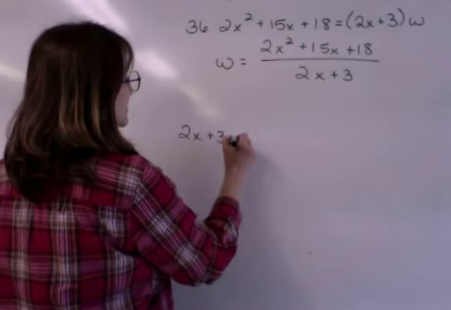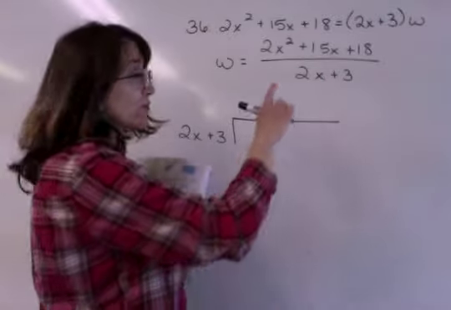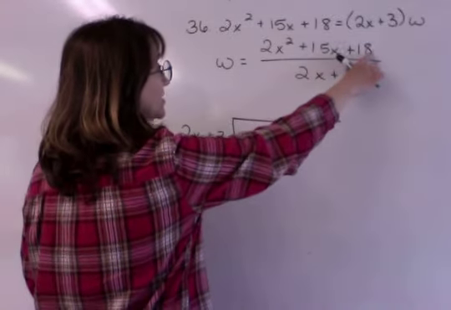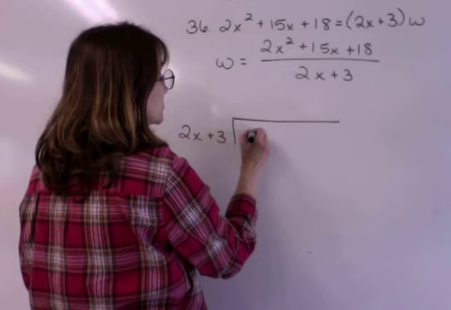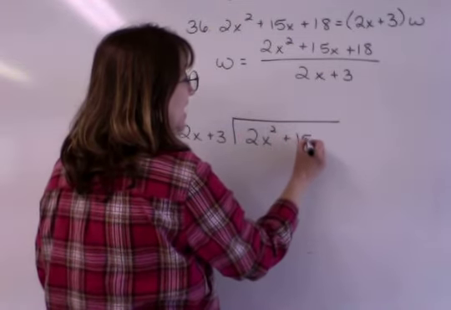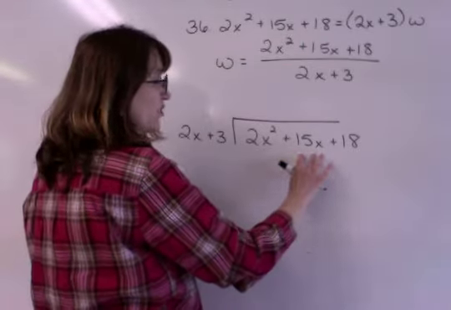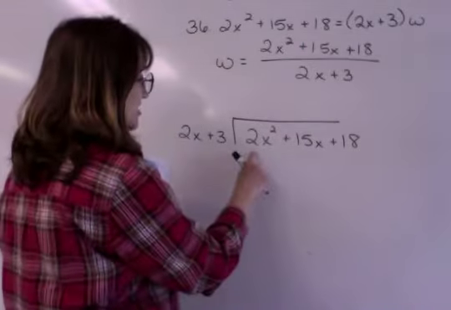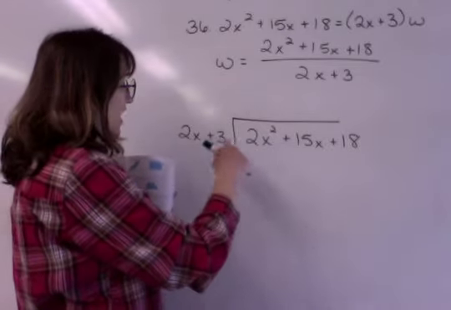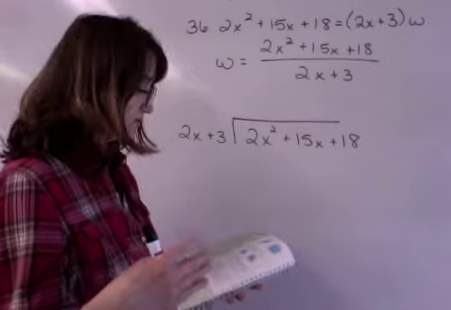As we write this down, let's see if my variables are going down in order by degree. Fortunately for this one, they are, which means you don't have to have a placeholder. If this one was gone, you'd have to put a 0x. If this is x cubed, I would have to put some placeholders in. This one I don't have to.